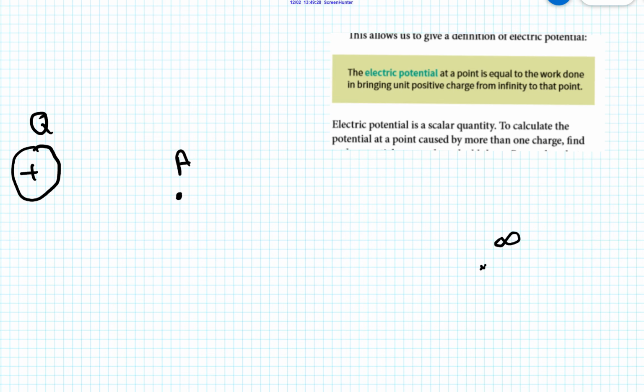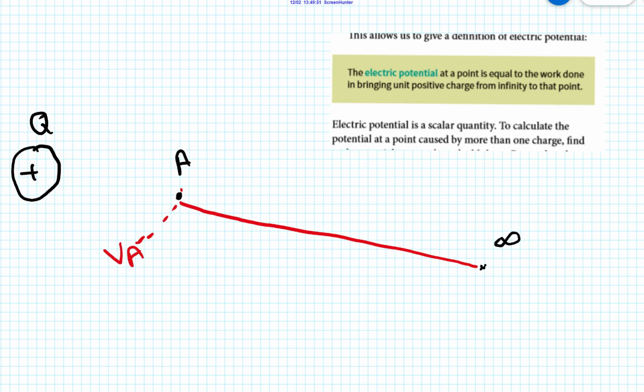Now, to bring this positive charge from infinity, we will drag it along from infinity to point A like this, where at point A it will have a voltage VA.